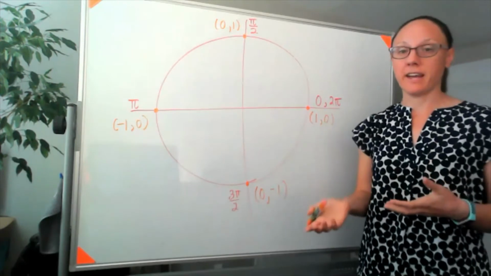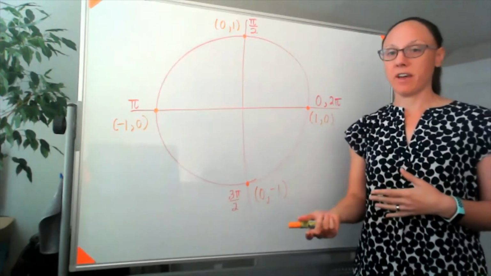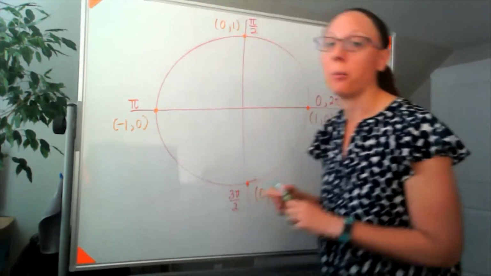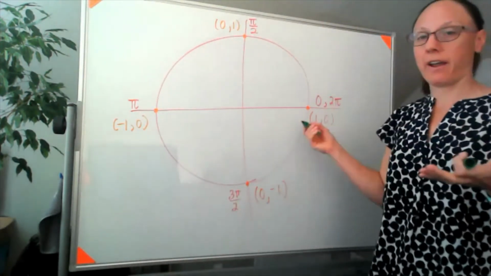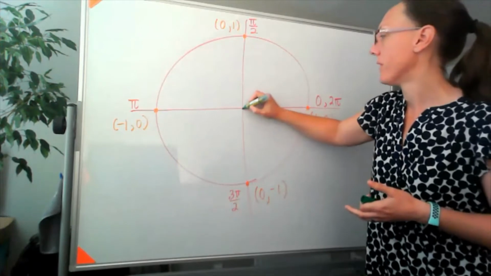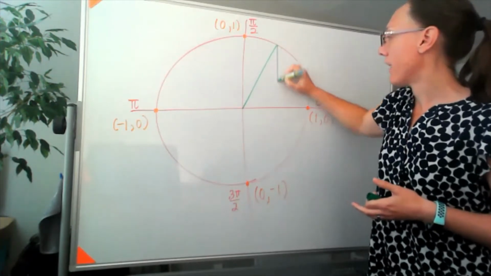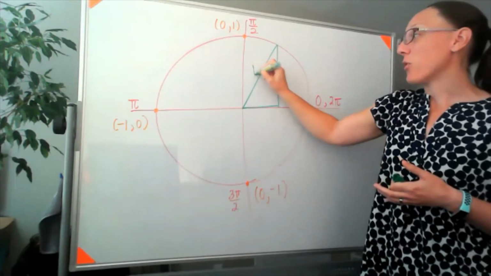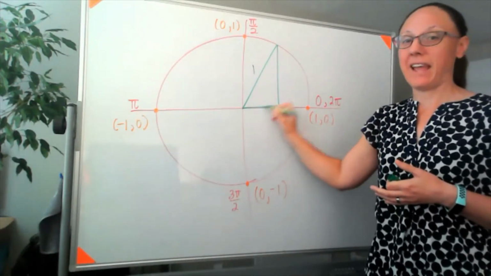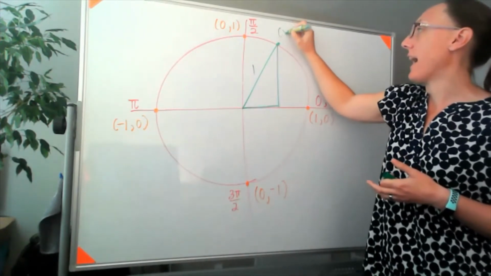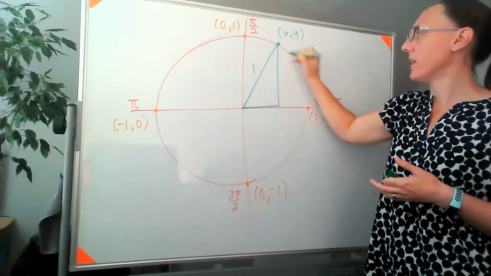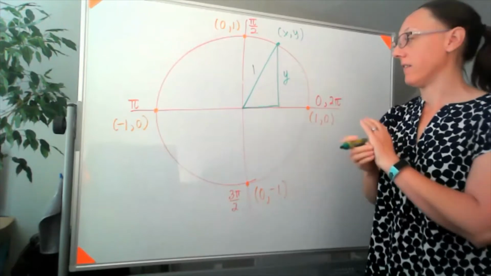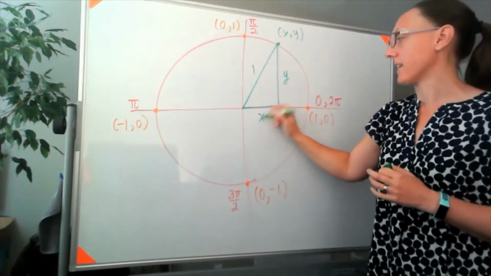When I mentioned that cosine goes with the x values and sine goes with the y values, that's coming from thinking about placing a generic triangle somewhere on this unit circle. So if I put a generic triangle in here, and I know that the radius is 1, and I think about this having an x, y coordinate, that means the height of this triangle we could call y, and the base of that triangle I could call x.